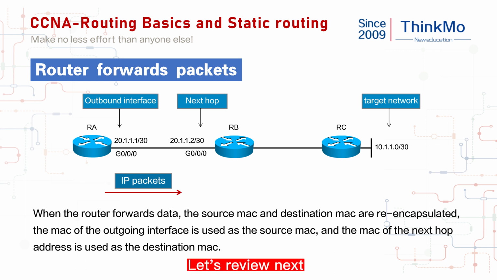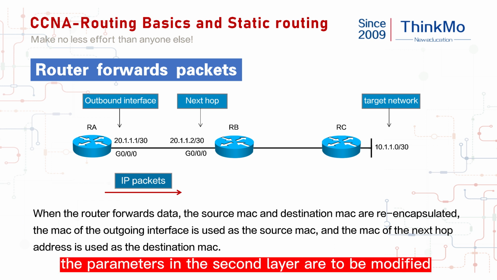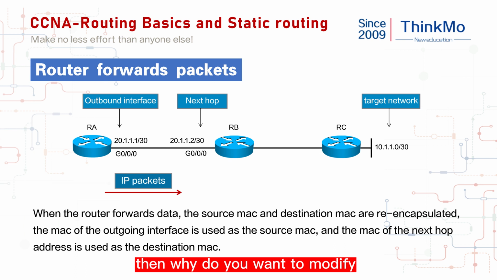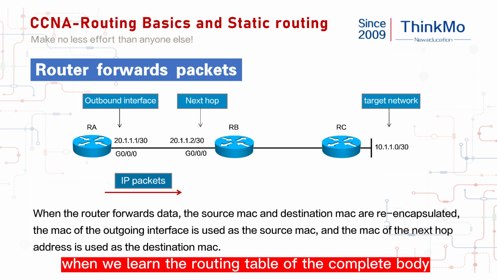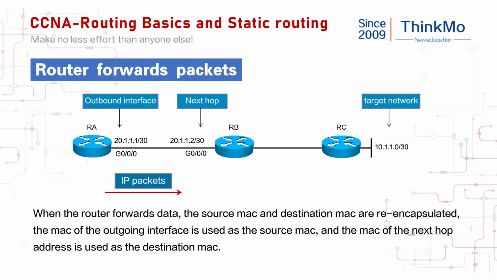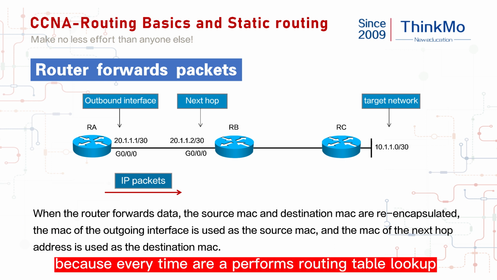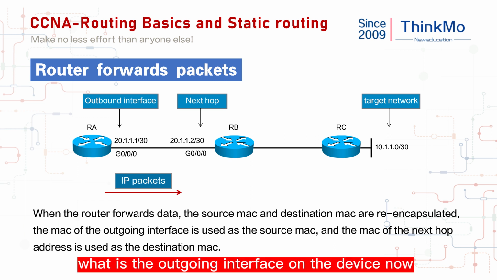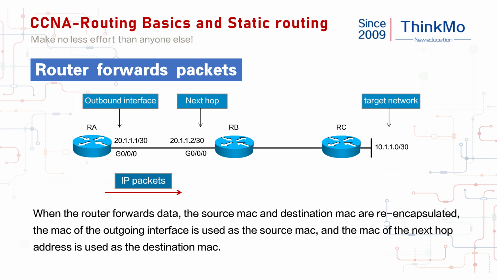Let's review next how the whole router forwards packets. When the data is forwarded as a whole, at each router the parameters in the second layer are modified. Why do you want to modify them? When we learn the complete routing table, everyone should understand. Every time RA performs a routing table lookup, it will see what the outgoing interface on the device is.